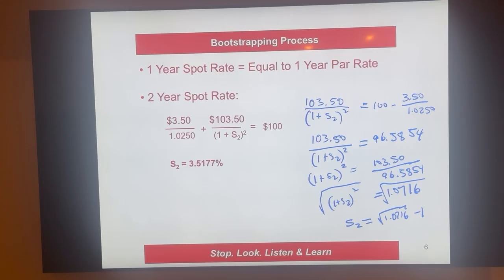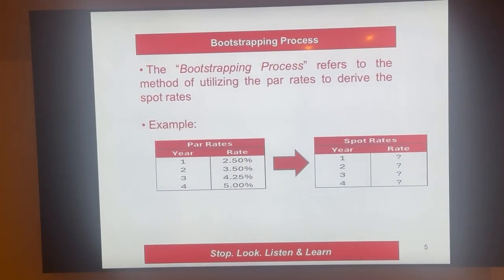And so now we have the 1-year spot rate and the 2-year spot rate. With those two spot rates, we go back and look at the 3-year bond and see that the par rate on the 3-year bond is 4.25%.